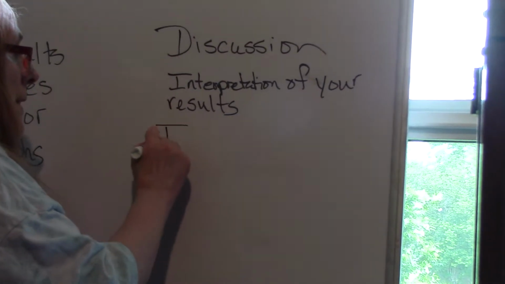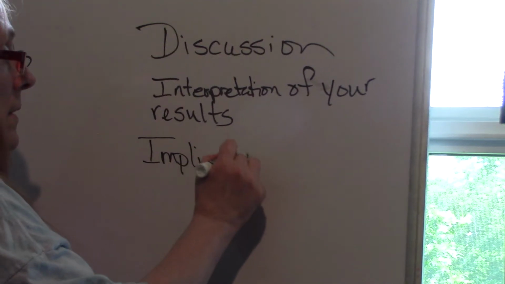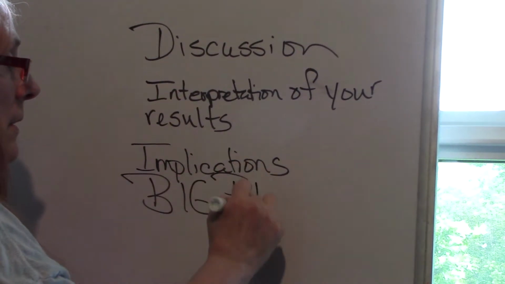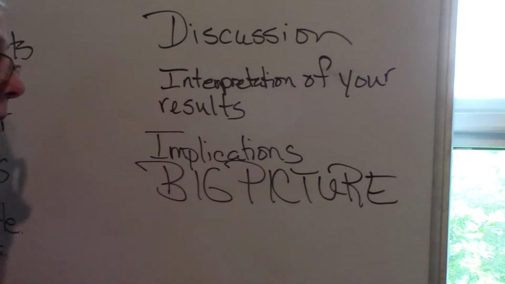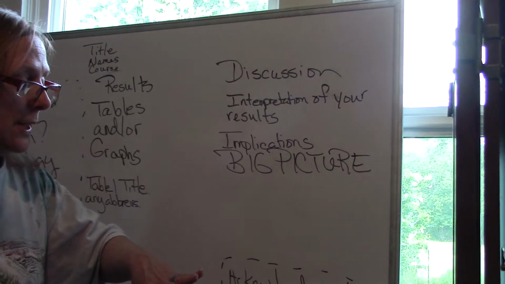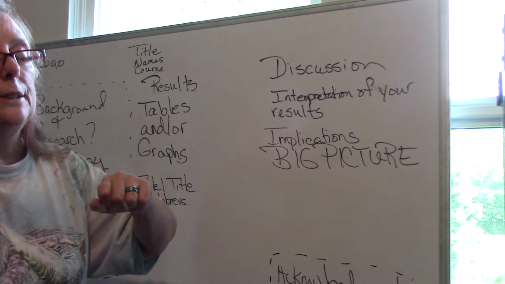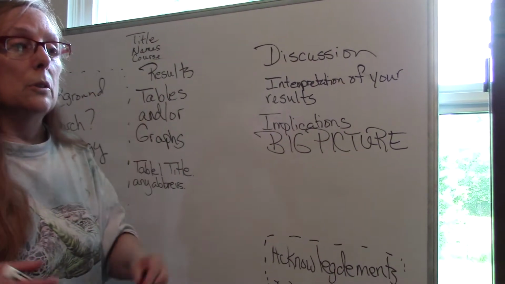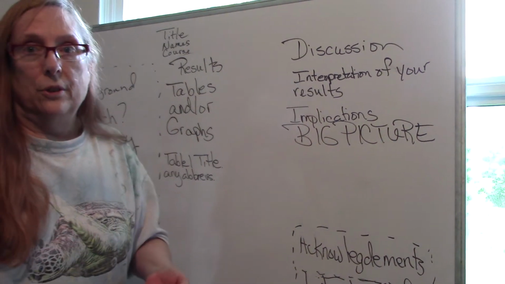Then the implications. Now this is really a big picture thing. This you could now compare the given state to how it fits in with the United States. For example, New York. New York is where most of the cases were, where most of the deaths were.